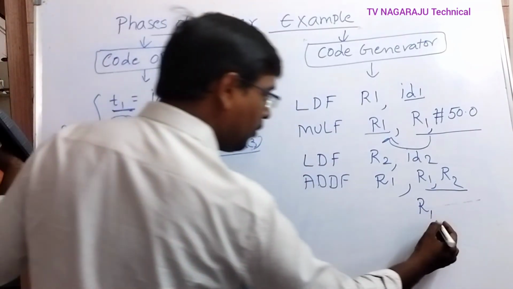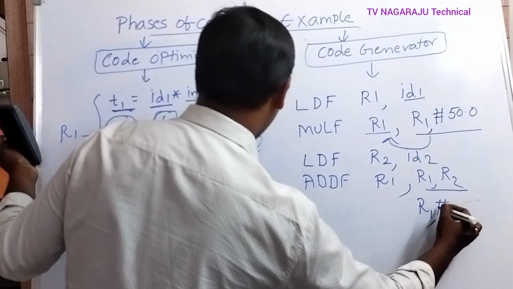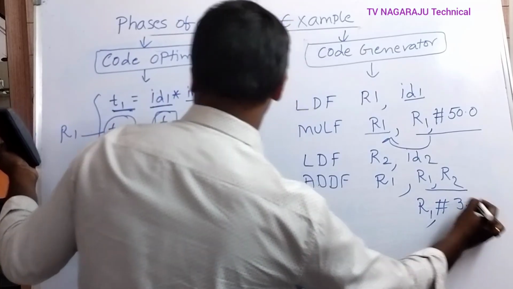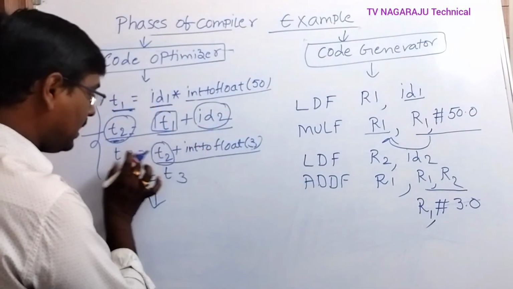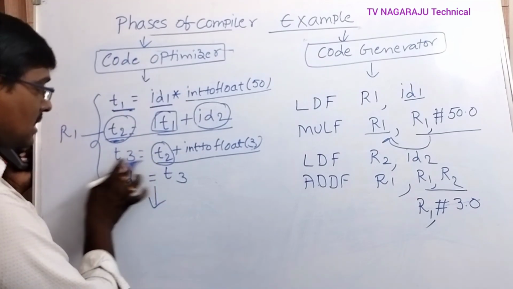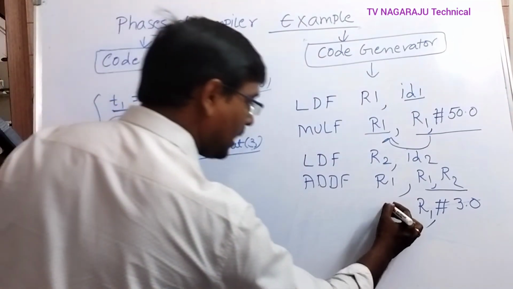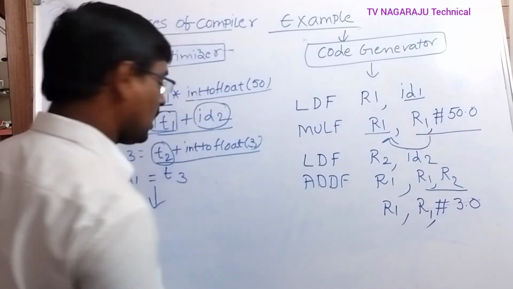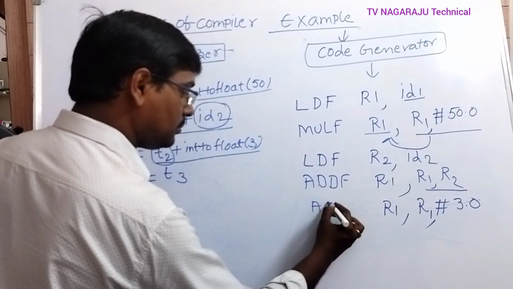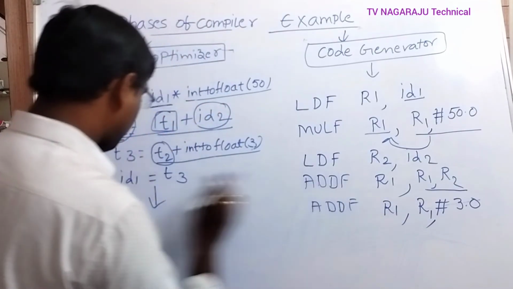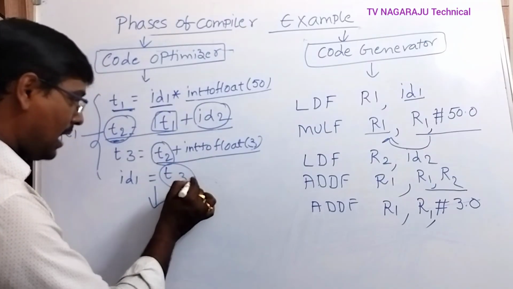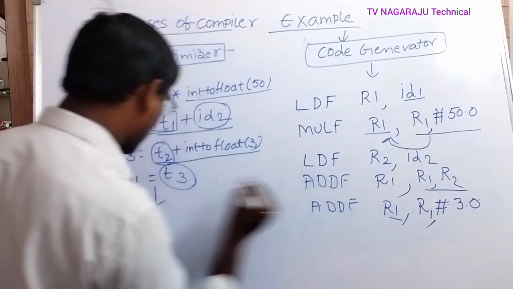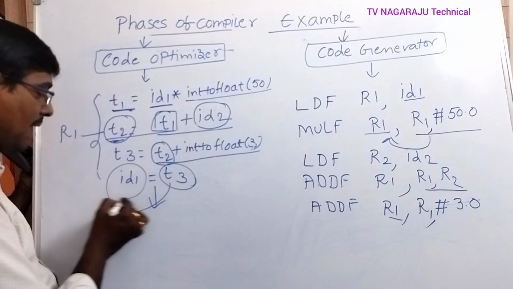This into 2 float is written like this, hash of 3.0. Perform addition and that is assigned to some register. Again use the register R1, not a problem. Add F. Finally the value, whatever the value in R1, that is stored in ID1.